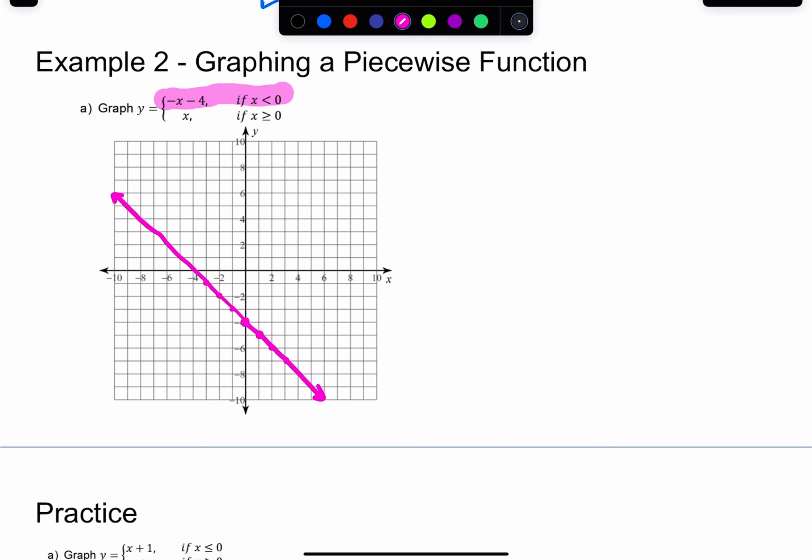So this is when x is less than 0. I want to erase everything that is not where x is less than 0. So that's, I'll use this laser pointer, this right here, everything on this side needs to be erased. And then this point right here, x is 0, since there's no equal to sign, needs to be an open circle.